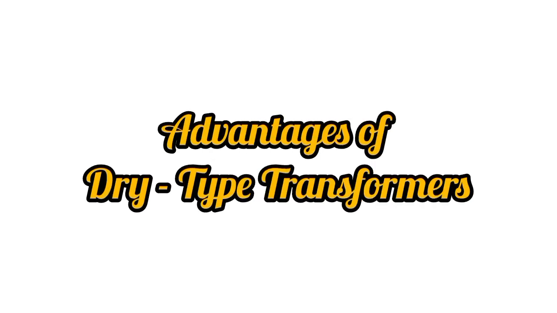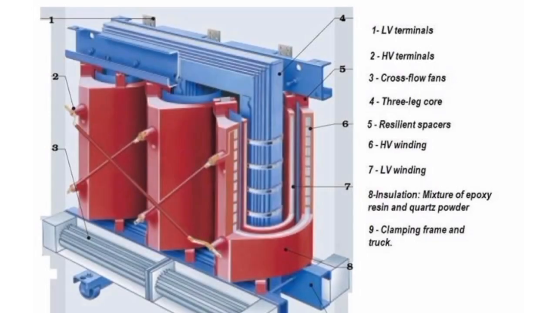Advantages of dry-type transformers. The major advantage of dry-type transformers is their enhanced safety. Since they do not contain flammable oil, the risk of fire is significantly lower. This makes them ideal for installation in occupied buildings and public places.